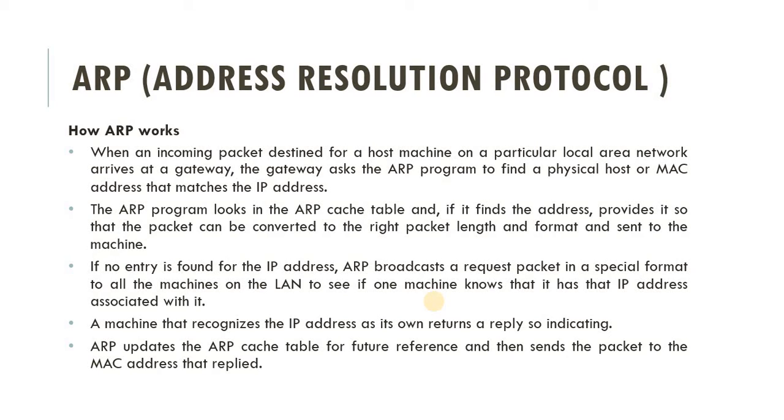If no entry is found for the IP address, ARP broadcasts a request packet in a special format to all the machines on the LAN to see if one machine knows that it has that IP address associated with it. A machine that recognizes the IP address as its own returns a reply, and ARP updates the ARP cache table for further reference and then sends the packet to the MAC address that replied. That is how ARP works.